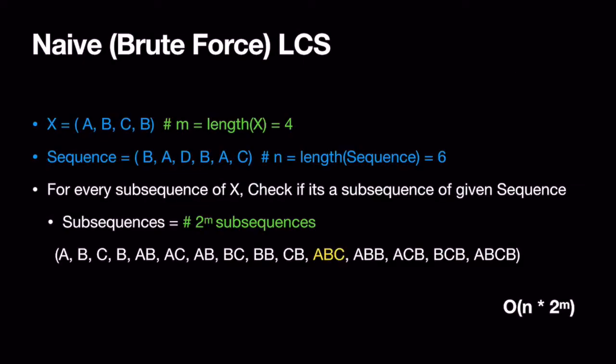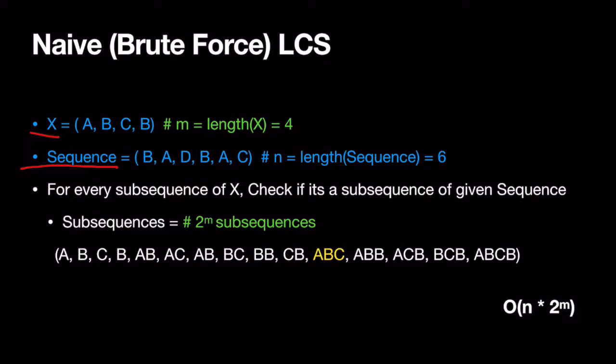If we were to brute force the solution, we would have two arrays, in this case x and y, and we're going to want to find and compare all possible subsequences.